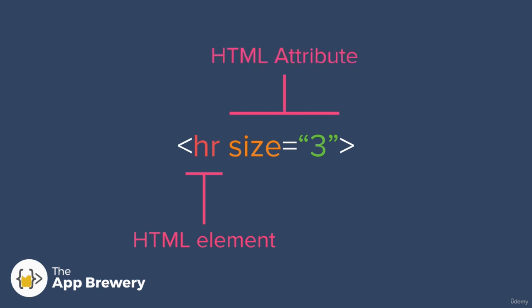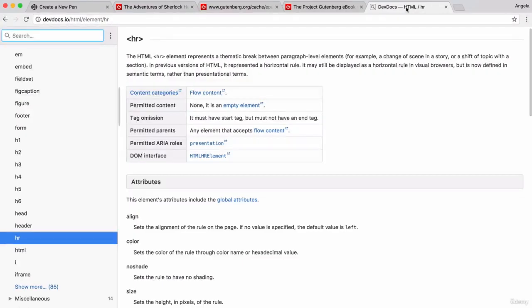It basically gives more information to the browser to specify modifications to that HTML element. So in this case, we're saying that we want a horizontal rule, but we want it in size 3. Now, what does size 3 mean? And how do we know that we have these HTML attributes available to us? You've guessed it, we're going back to the documentation.